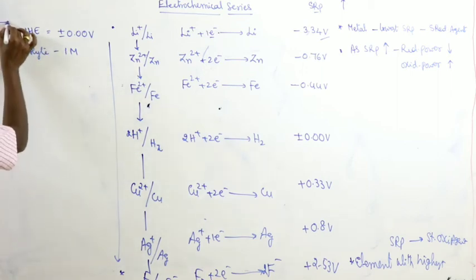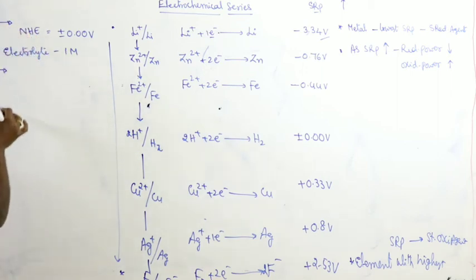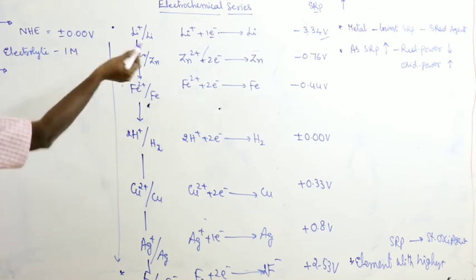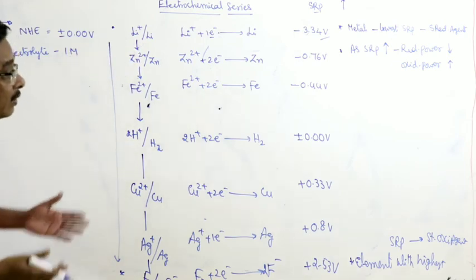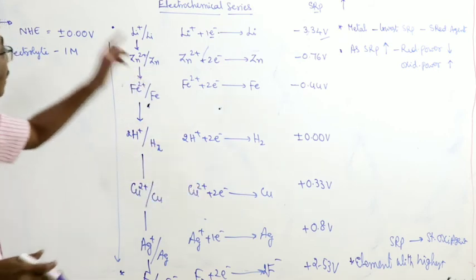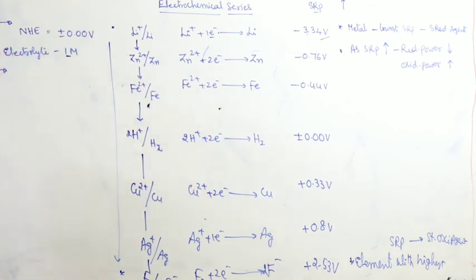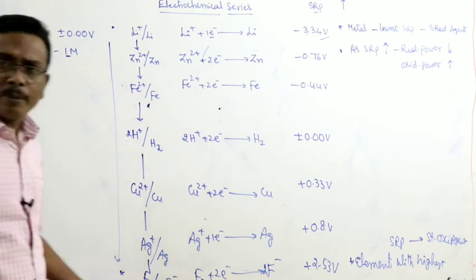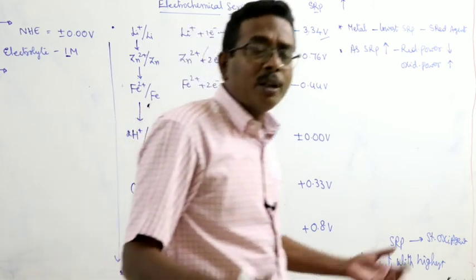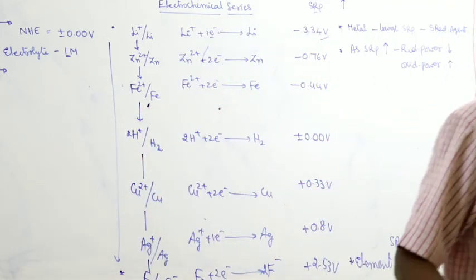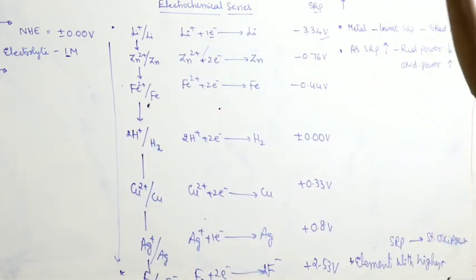And next, what is the expression that is used to calculate the electrode potentials? Not standard electrode potential. Standard electrode potential means the concentration of the electrolyte should be 1 molar. Electrode potential means that may be anything: 0.1 molar, 0.2 molar, 0.5 molar, 0.75 molar, 1.2 molar, 3 molar, whatever it may be.